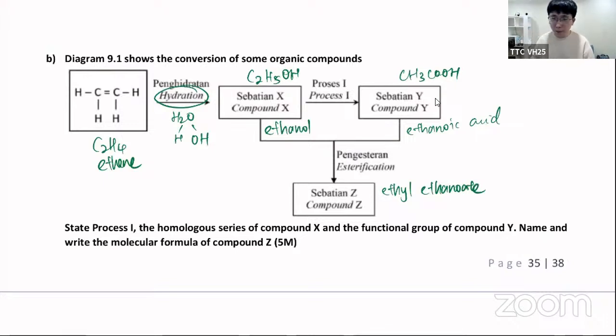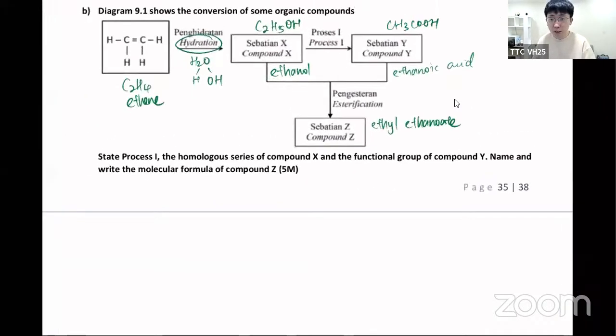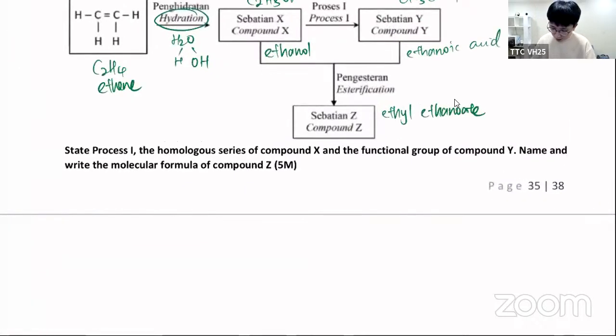So I think process 1 is basically alcohol to carboxylic acid. What you do to make alcohol become carboxylic acid, you learned just now, is oxidation. So process 1 is oxidation.